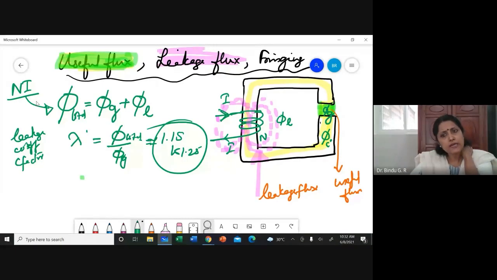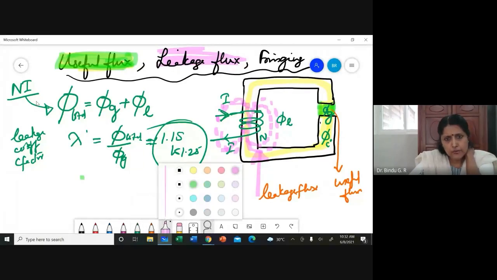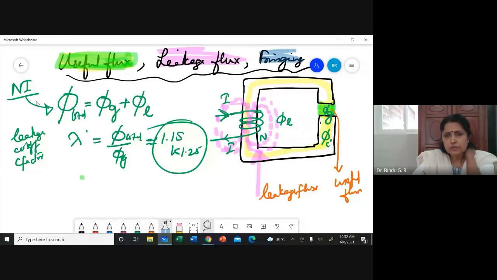Now, one more thing that remains, the third term that I have to explain to you, is fringing. What is fringing? Now, in the air gap, you cannot say the flux will just directly go like this. It has some fringing over there.